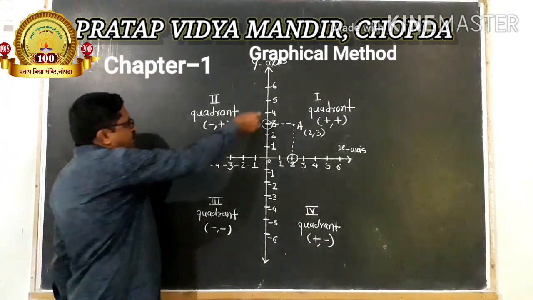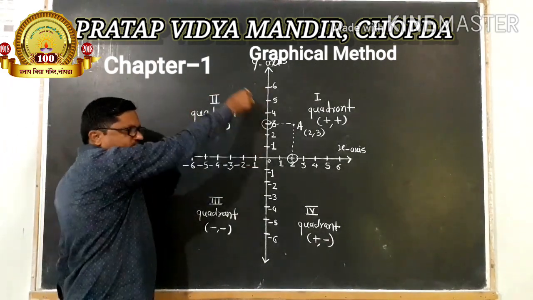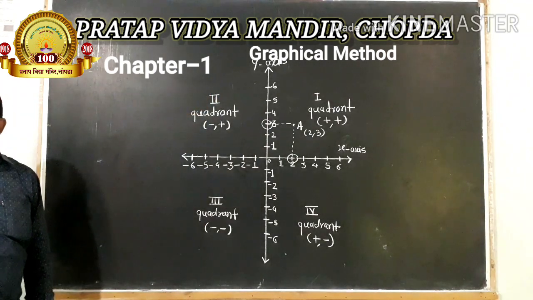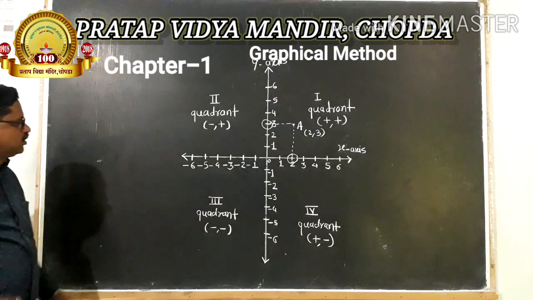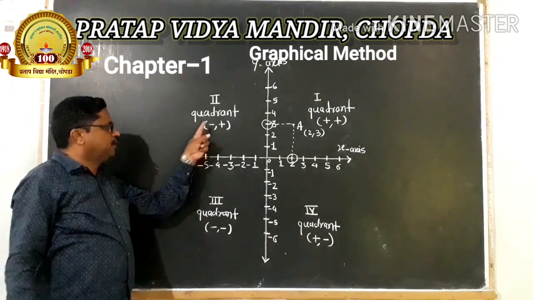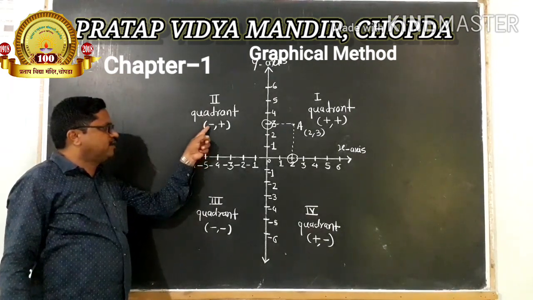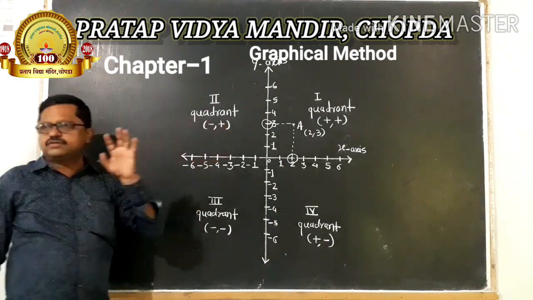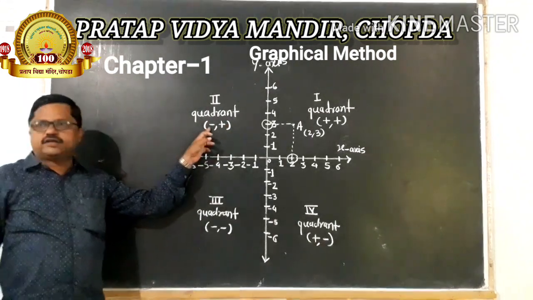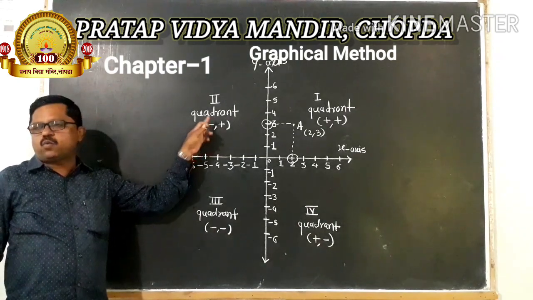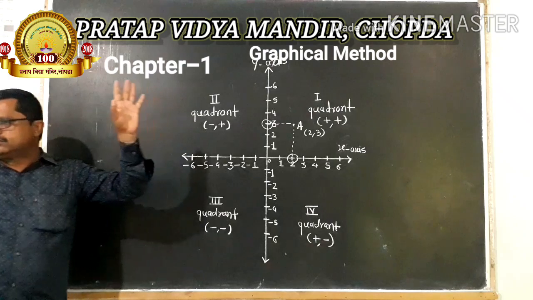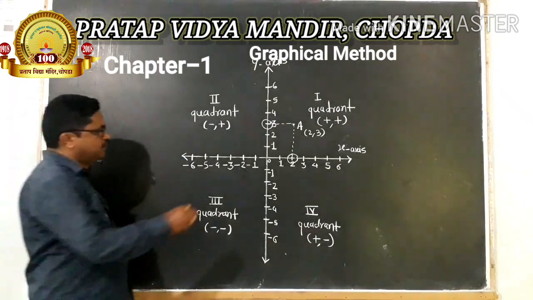Similarly, in the second quadrant, the x coordinate is negative and the y coordinate is positive, so it is written in brackets as minus, plus. The meaning of this is that the x coordinate is negative and the y coordinate is positive. Take any point in the second quadrant.